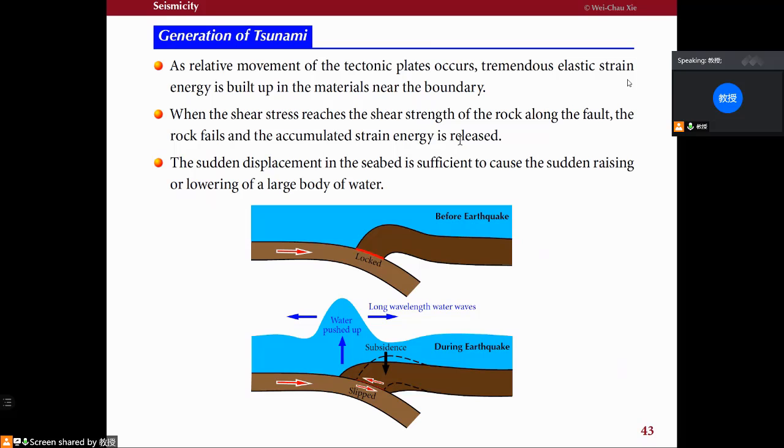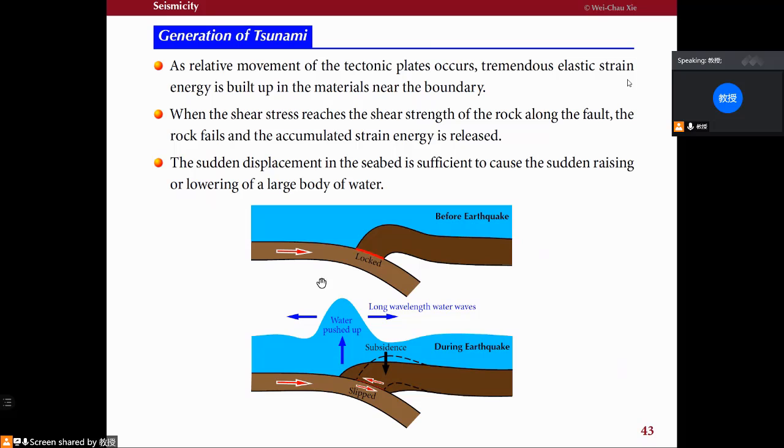Okay, so when it's released, it's like a slingshot, it springs up. So originally it's in this shape, then it springs up and brings this body of water up.